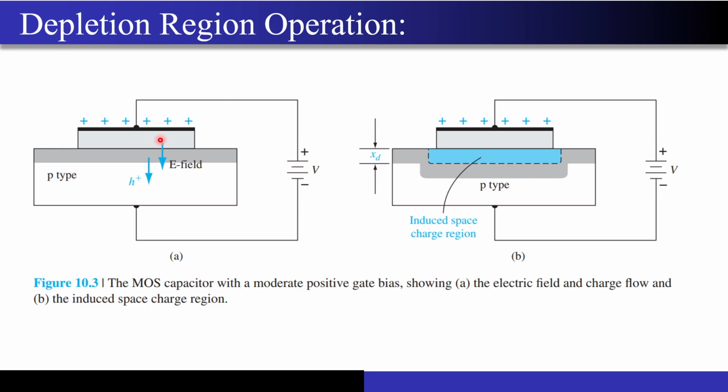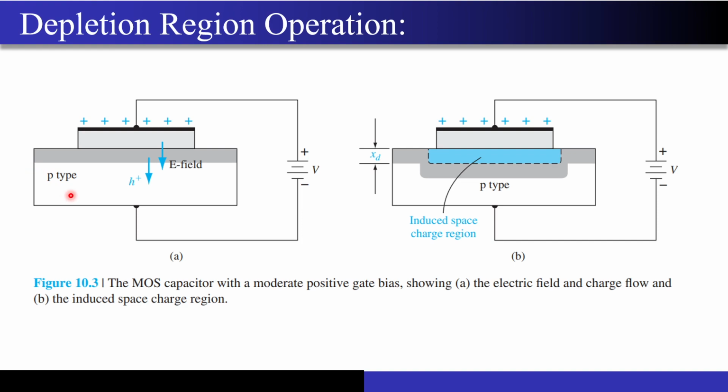Holes always move in the direction of the electric field, and electrons always move opposite to the electric field. So if there are a lot of holes present over here, these holes are going to get pushed deep into the depth. What is going to happen?